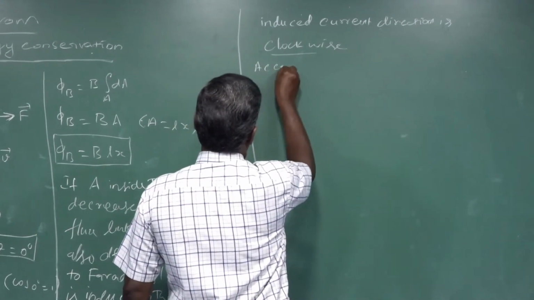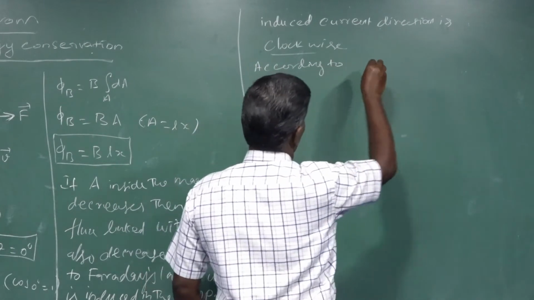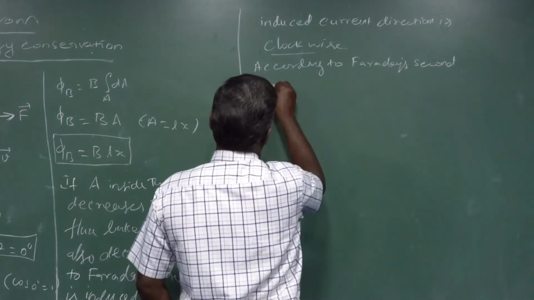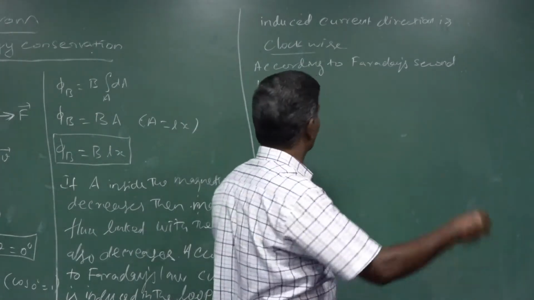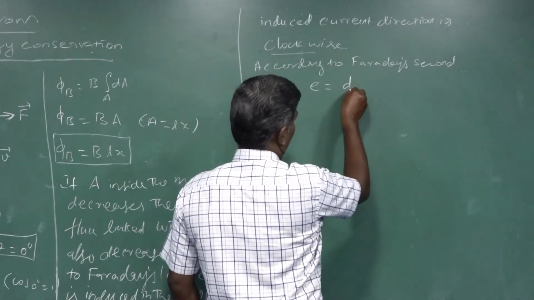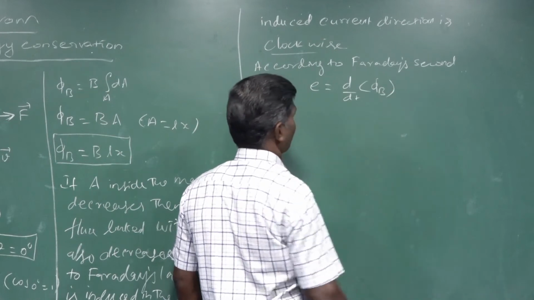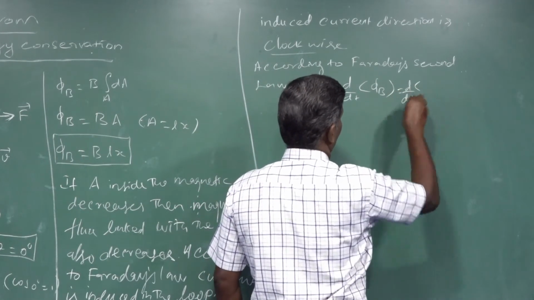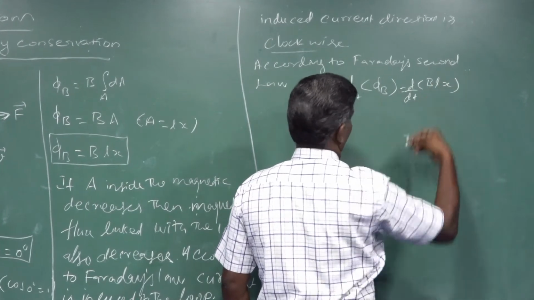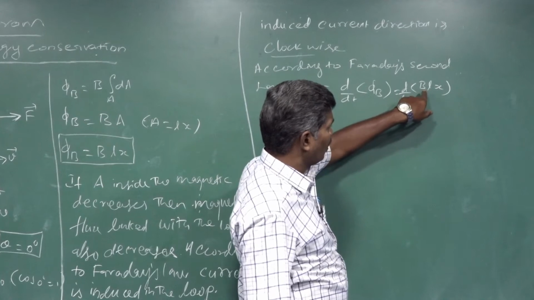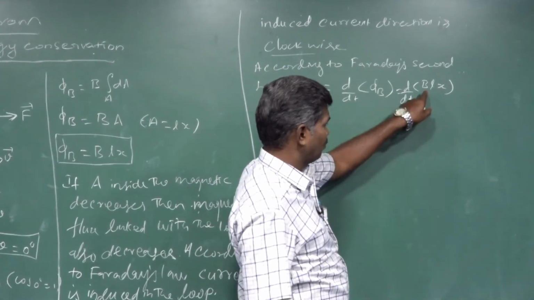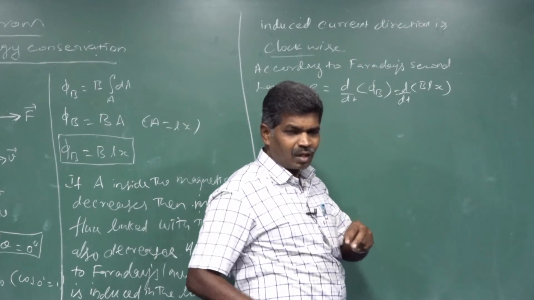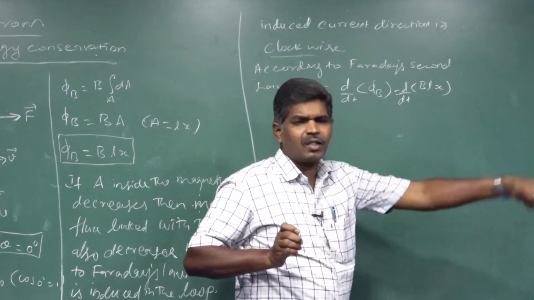According to Faraday's second law, we can express the induced EMF equation: E is equal to d by dt of the flux. The flux linked with that loop is B L into X. In that we have three factors, but the magnetic induction and width of the loop remain constant. Only the length of the loop inside the magnetic field changes when we pull the loop outwards.